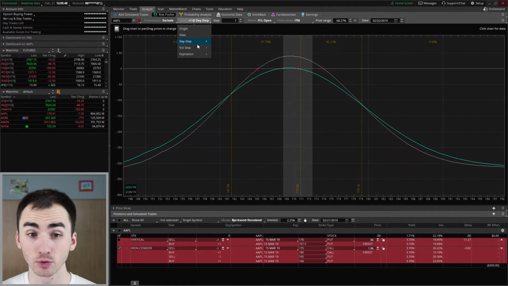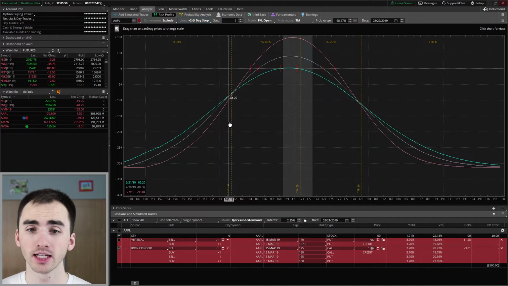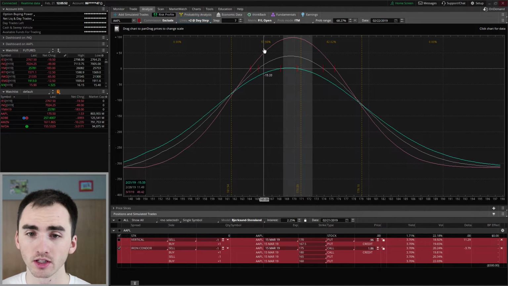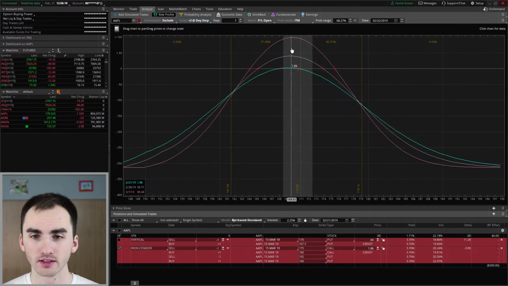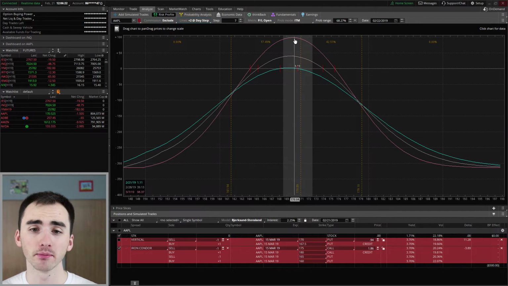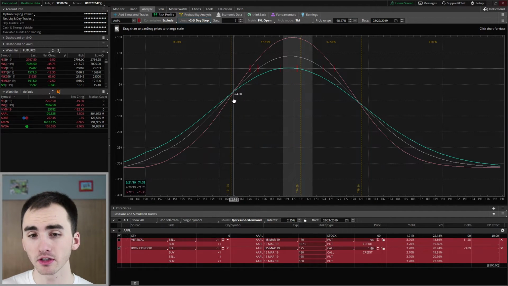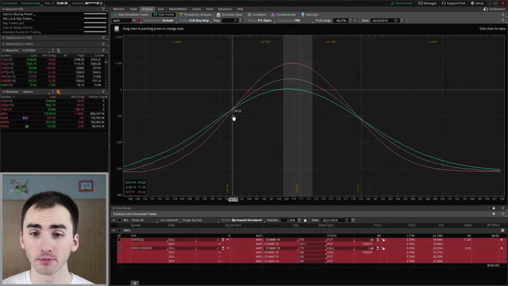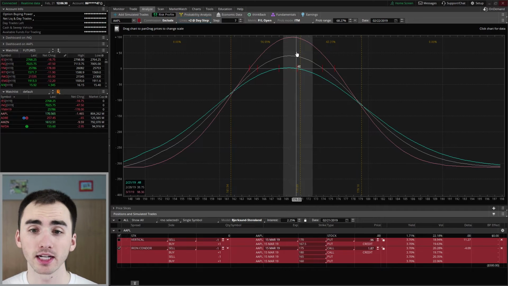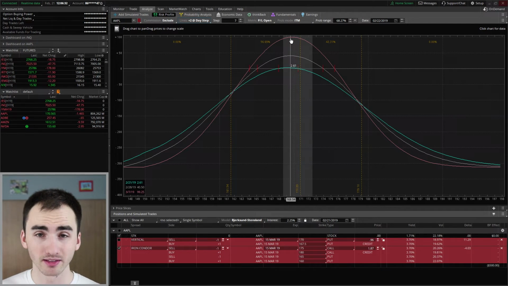And then continuing closer and closer to expiration, the profit, sorry, will change more and more in our favor. So if it's at 170 further and further down the road, you can see that we'll actually be up money. So even if it swings down here for a few days or even a week or two, but eventually comes back into this area, we will be much more profitable than we were to begin with.